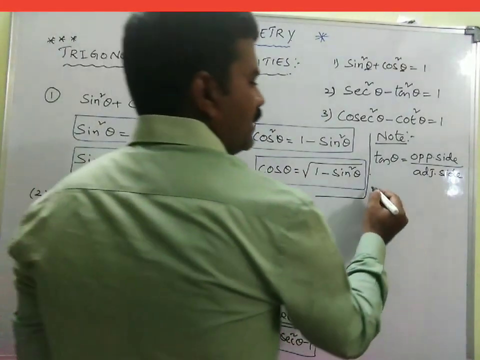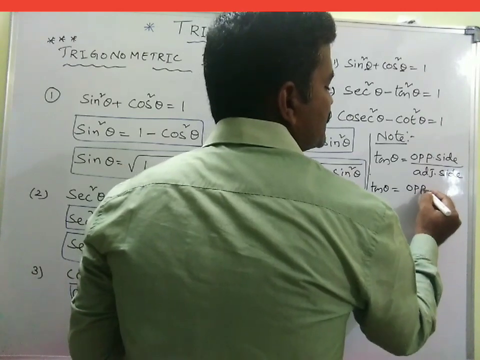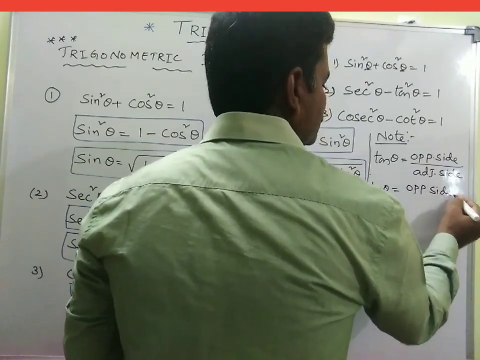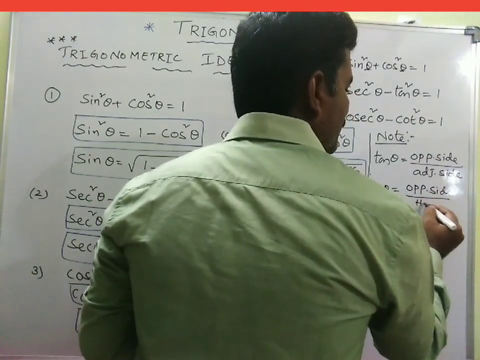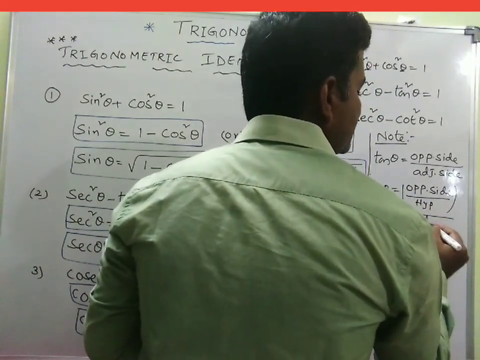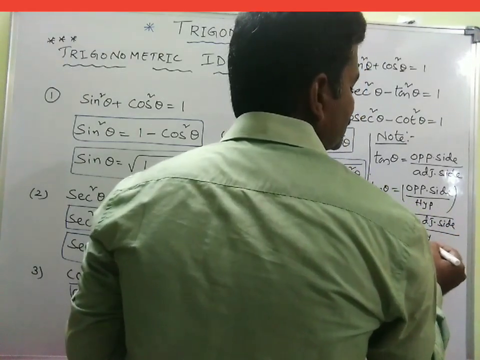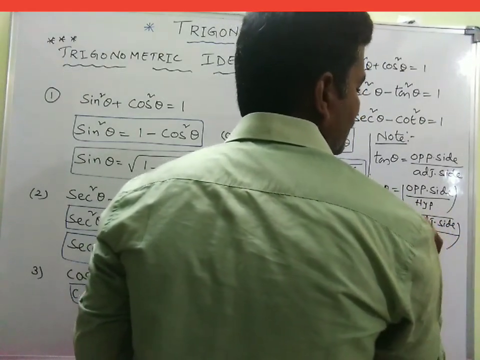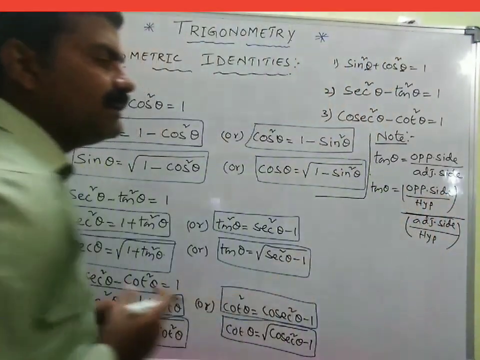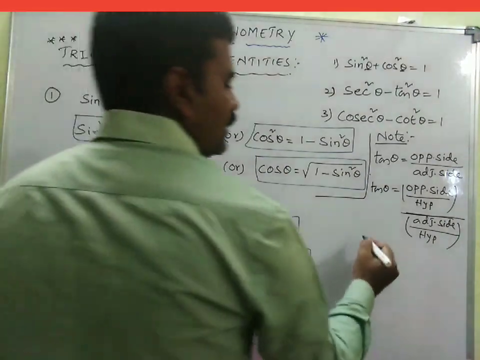Now the same formula, can I write it as opposite side by hypotenuse, whole divided by adjacent side by hypotenuse? I mean both numerator and denominator divided by hypotenuse. Can we write it? Yes, why not? So now look at this.